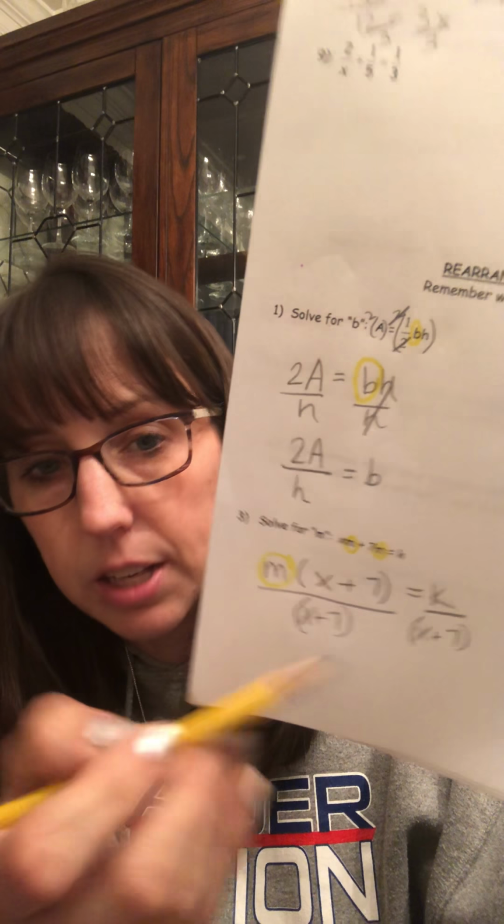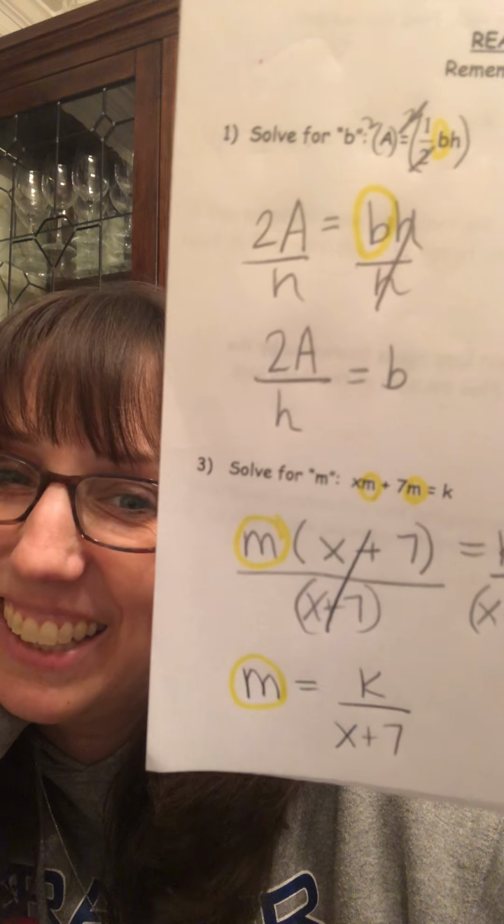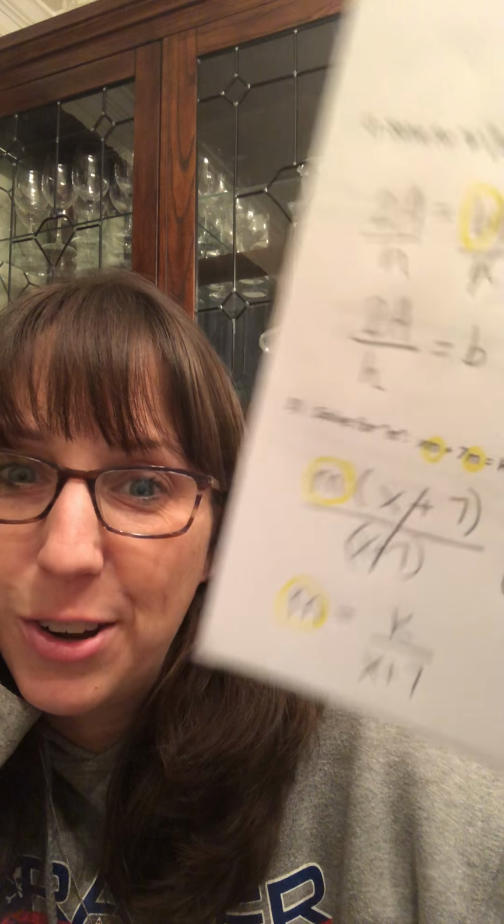So this is gonna cross out. And when I rewrite it, I look over here. Do I have m by itself? Yay, I do. All right, so try number 2 on your own, and you're all set there.